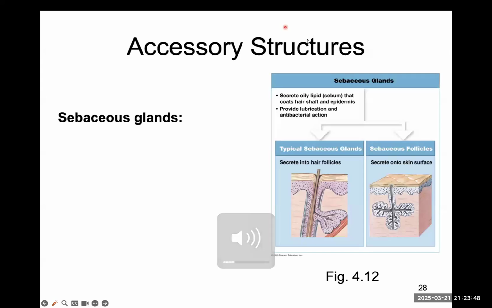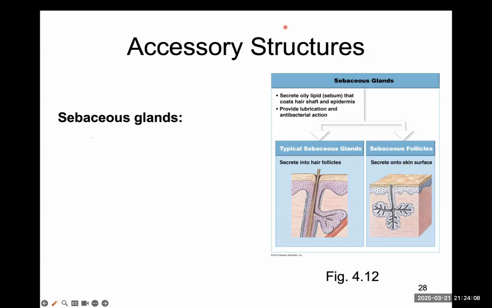Hello everyone. So we're going to continue with the integumentary chapter, and we'll cover the accessory structures, which includes the glands. There's a gland that makes oil, and that's called the sebaceous gland. It's called the sebaceous gland because it secretes something called sebum.